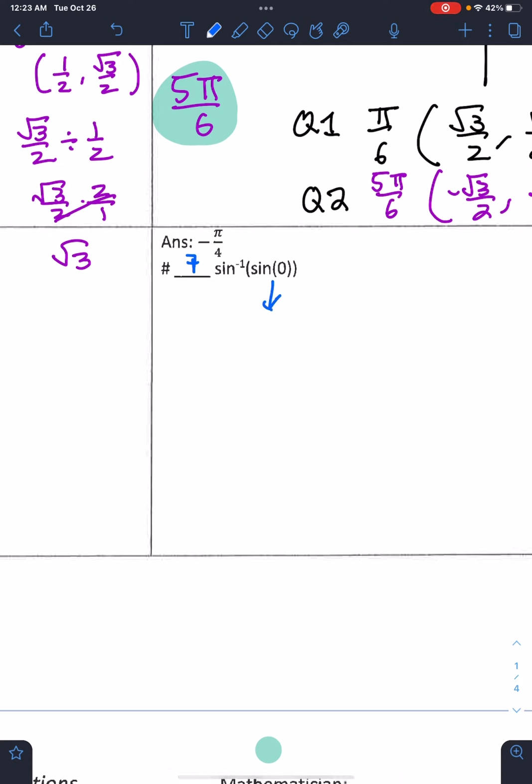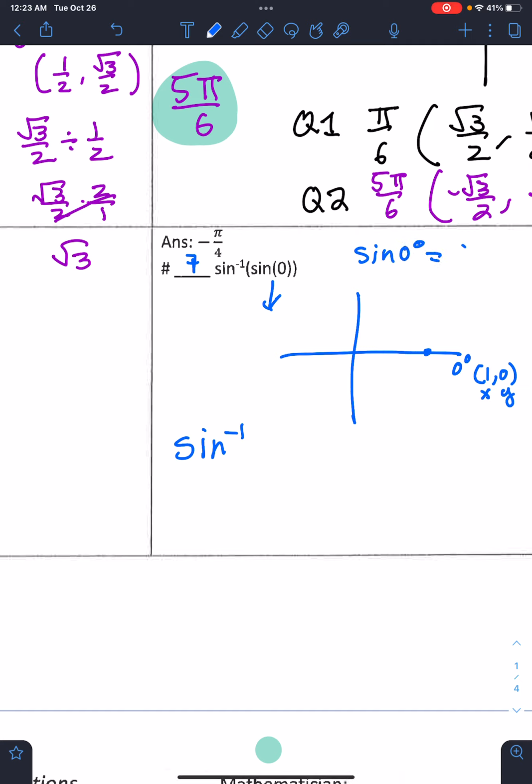So sine of 0, so this means where is my y value 0? So at 0 degrees, I hope you remember it's 1, 0, x and y, and sine means y. So if I do sine inverse sine of 0, that actually just equals 0. So when my angle is 0, my ratio is 0.